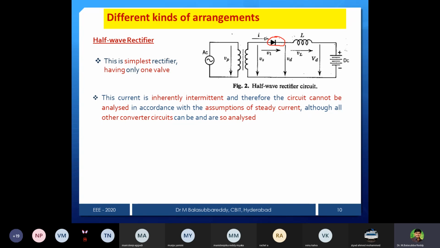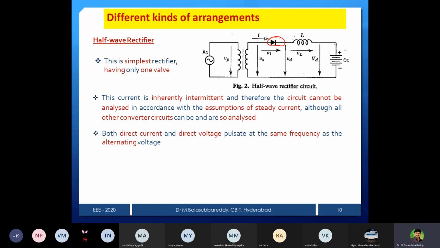Only the thing is, a one pulse converter in general will not be used in normal applications, because it is very pulsating in nature. So that is the reason we avoid this type of converter.